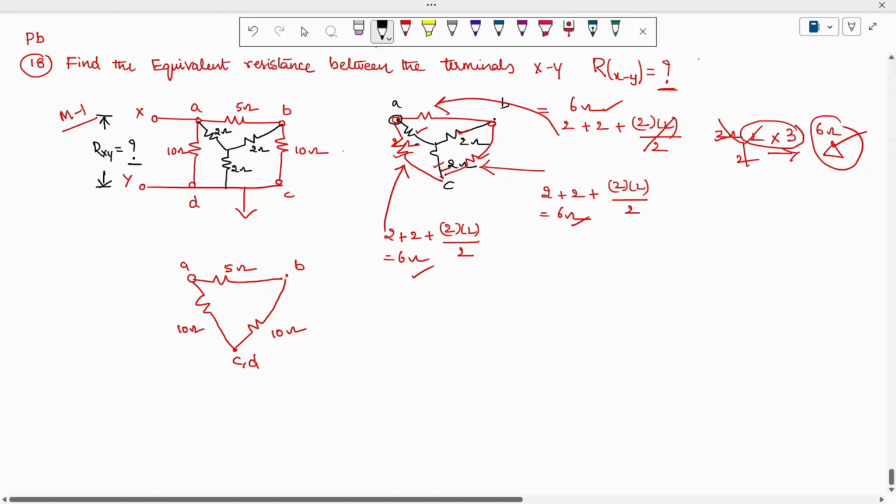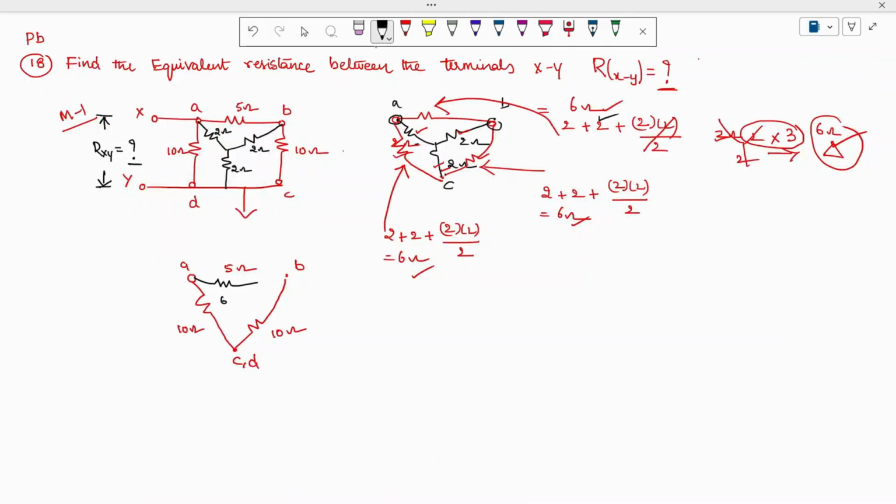Between A and B, what is the value we got? 6. So here we are going to get a 6 ohm resistor. Already you have a 5 ohm resistor also.